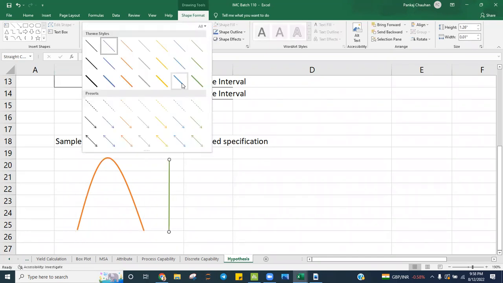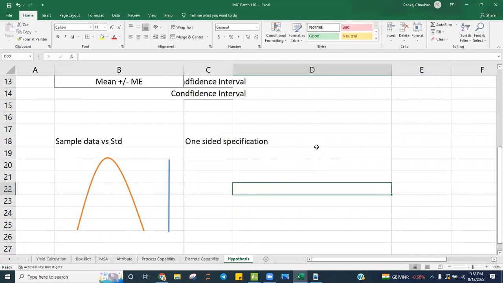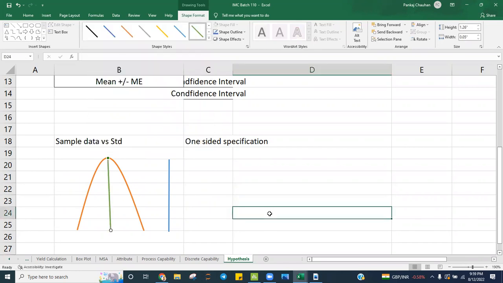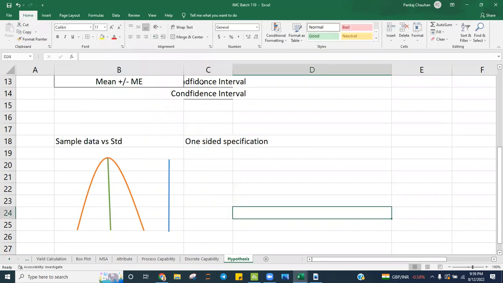This is your target. As per this data, the center value of this data is this blue line. Let me change it to the green line. But this average value, as per the theory of confidence interval, may be ranging from here to here as an upper side, or here to here as a lower side.